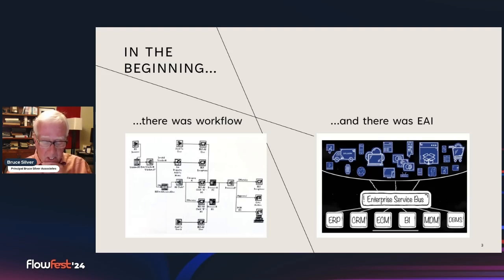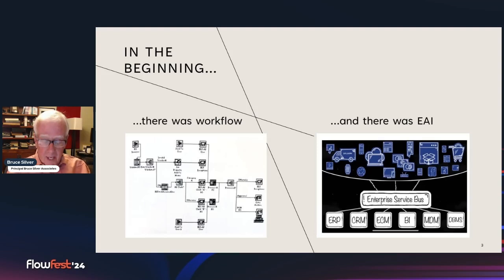Previously, in addition to workflow, there had been a completely separate technology called Enterprise Application Integration, or EAI. It was also a process automation technology, but based on a message bus, system to system only, no human tasks.